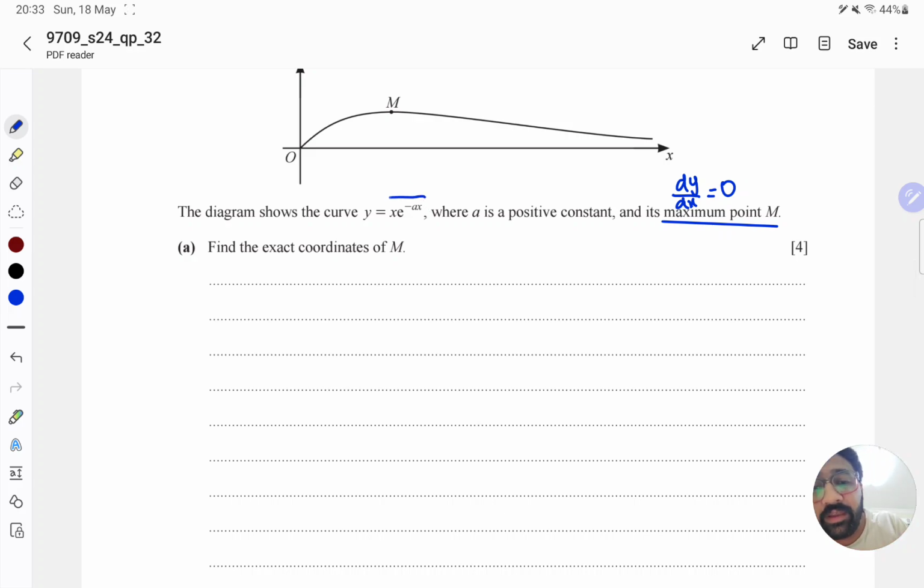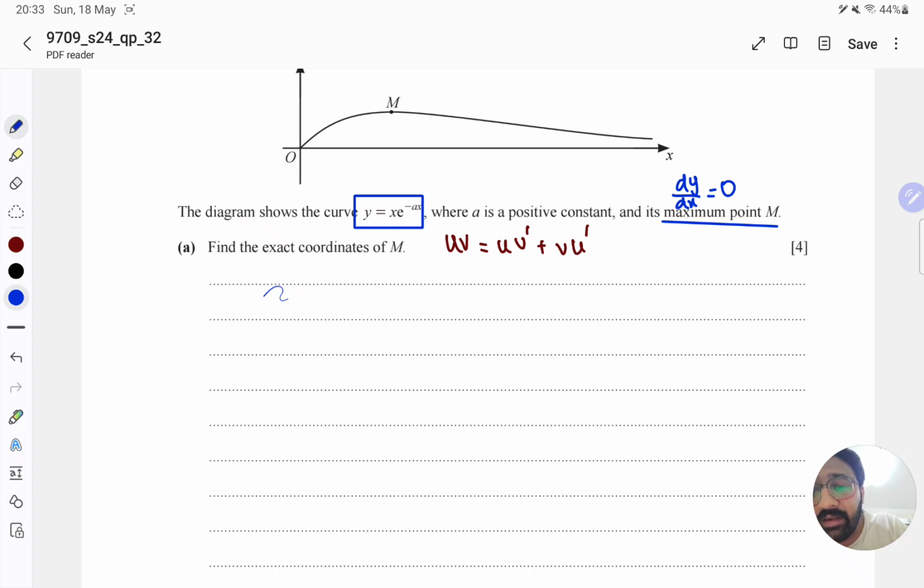So if you look over here, for this one we have to apply the product rule. So directly let me write down the formula for your convenience. So uv is equals to uv dash plus v u dash. Dash means the differentiation.